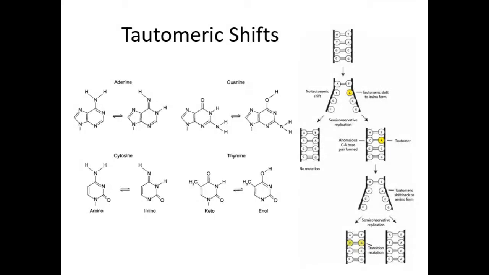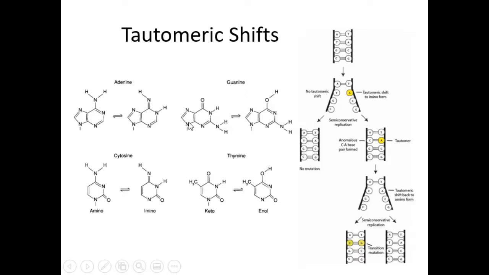They mainly use the amino configuration. Sometimes they can have the imino configuration, but when they change to this imino configuration, their base pairing will no longer be perfectly complementary. And guanine and thymine normally adopt the keto configuration.